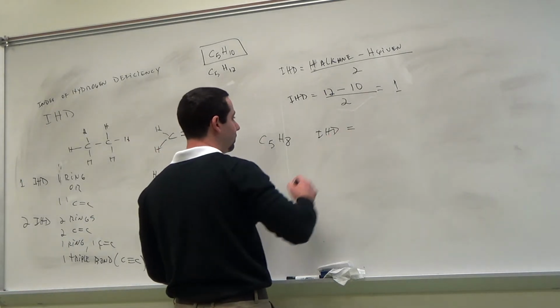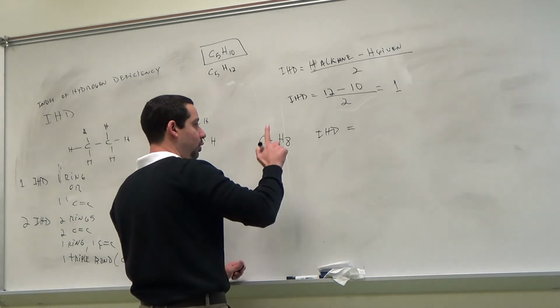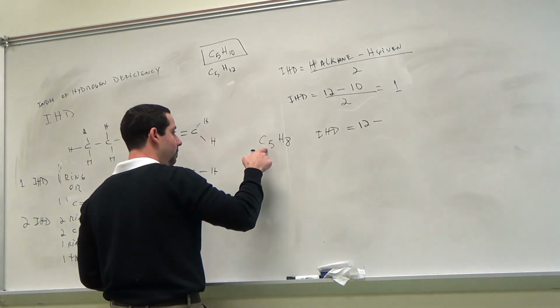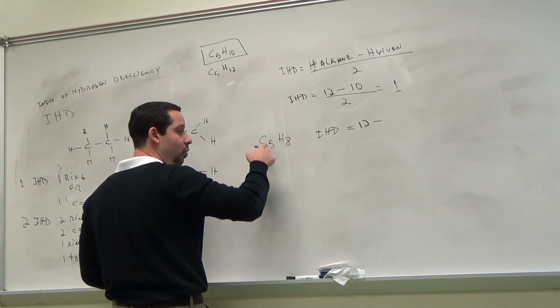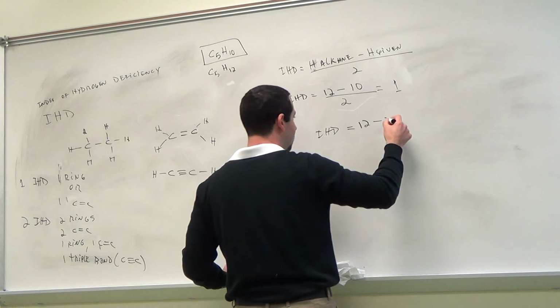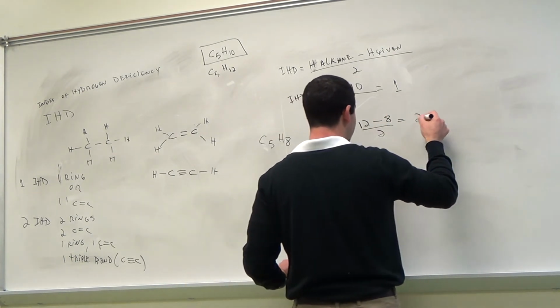Okay, so what do I write? 12 minus 8. Yes, you write 12 because if you have 5 carbons, the alkane that has 5 carbons will have 12 hydrogens, minus 8. So you end up with 2, divided by 2, so this has 1.